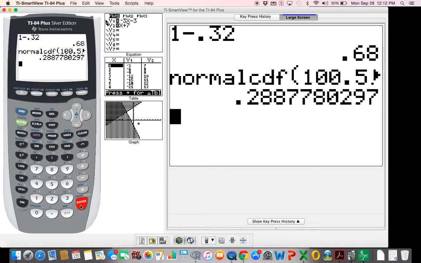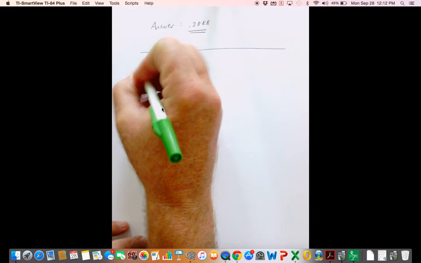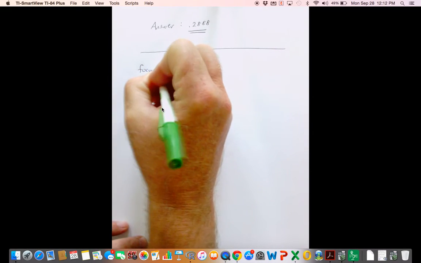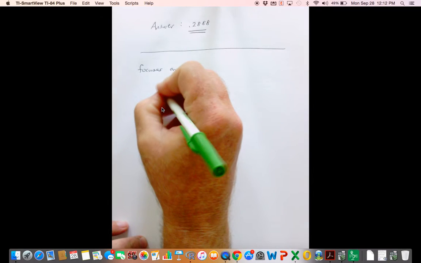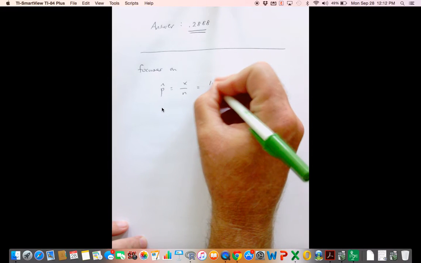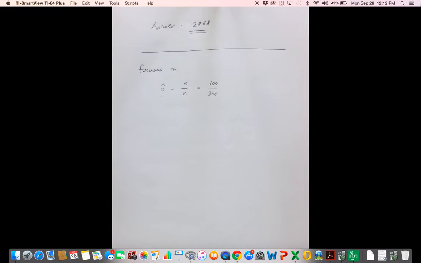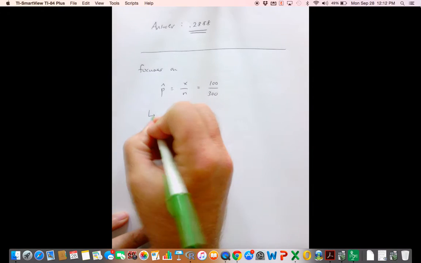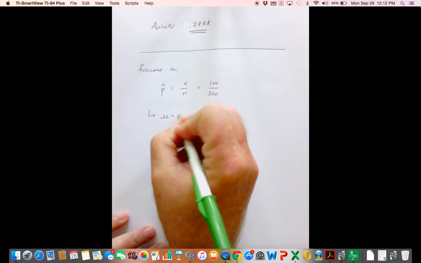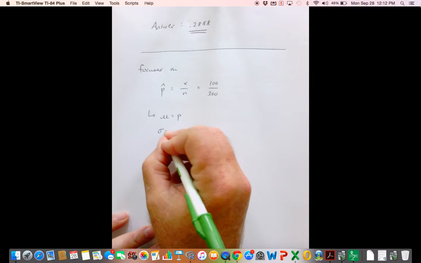Now, let's say that this one just isn't doing it for you, and you prefer the other way. The other way focuses on what we call P hat, which is X over N, which is 100 out of 300. But for these types of problems, mu is simply P, and sigma is harder to find.